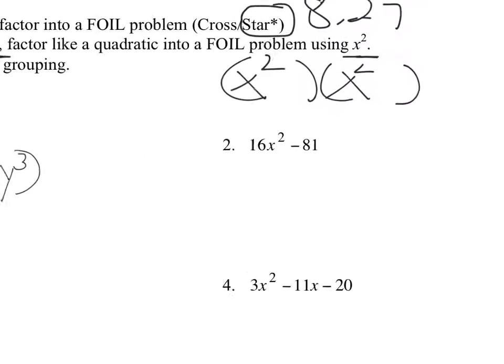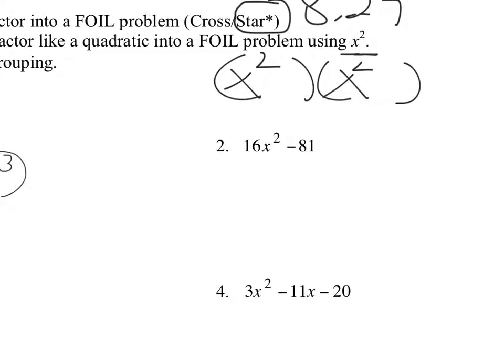All right, number 2. Ooh, all right, so this one has 2 terms. And you look for a GCF, and this does not have a greatest common factor. So there's no number that can go into 16 and 81. So we're going to go ahead and factor this as the difference of 2 perfect squares. You should recognize this. Oh, perfect squares, yay. And it's the difference, so it's going to work.